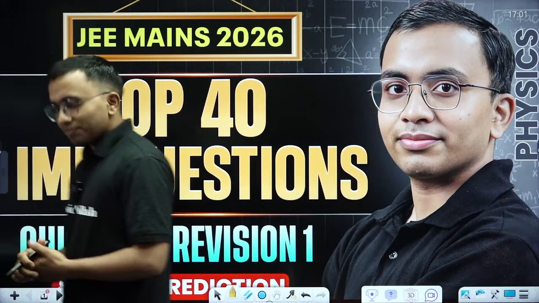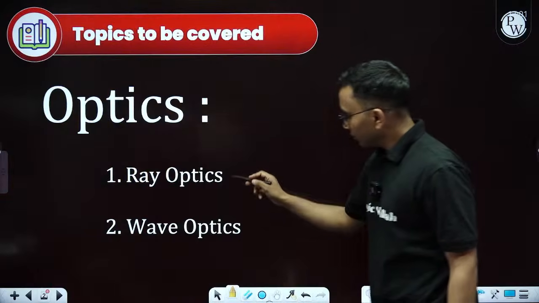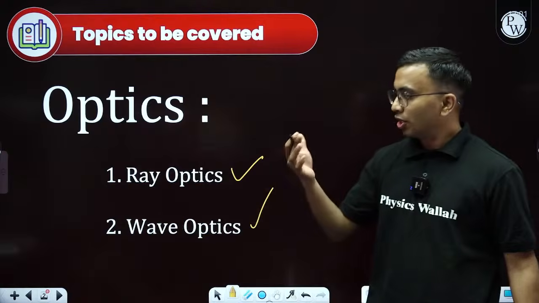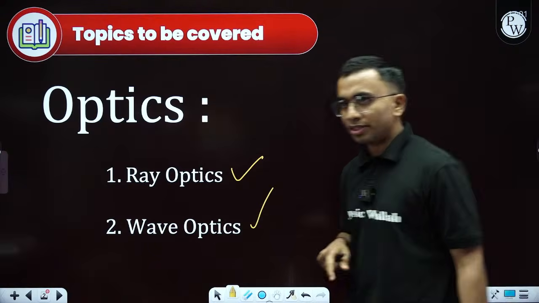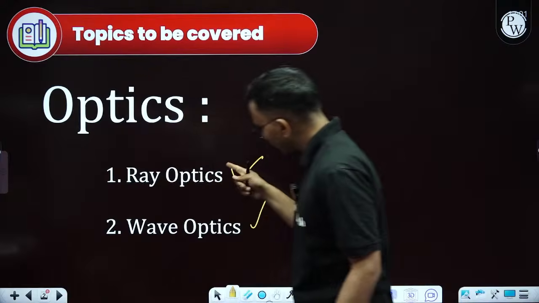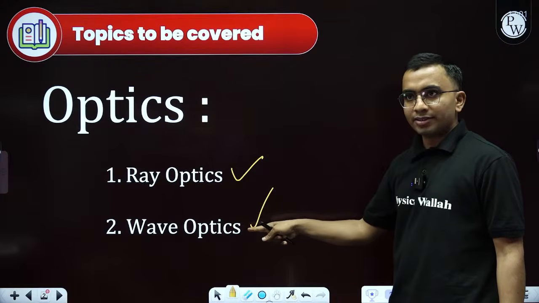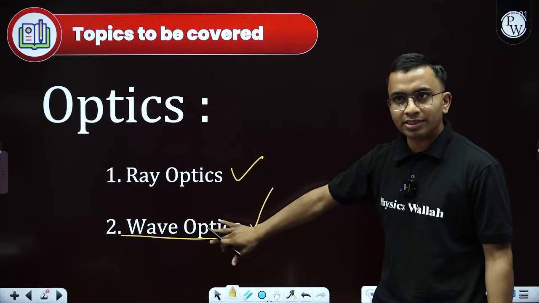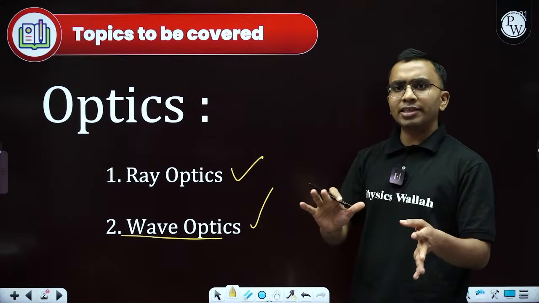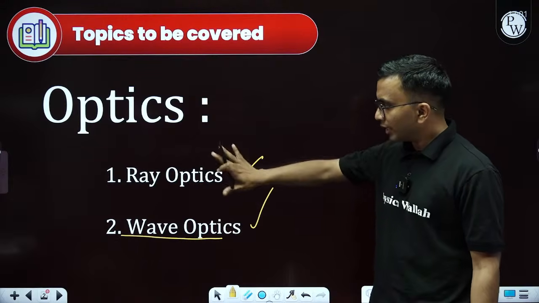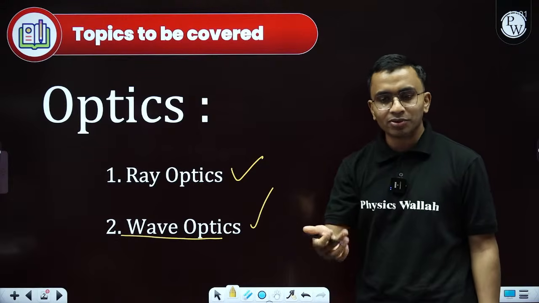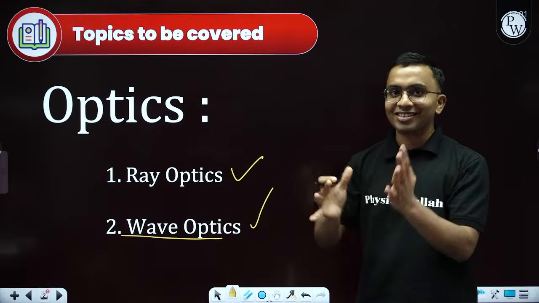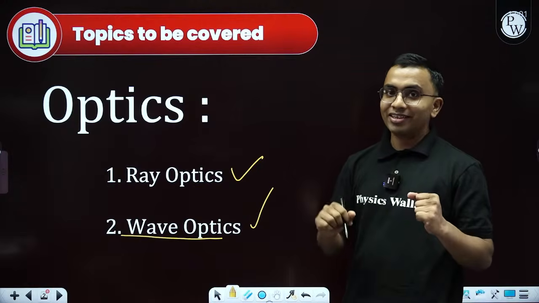So let us begin. We are going to cover two chapters, ray optics and wave optics. First we will be solving questions of ray optics and then wave optics. In wave optics the varieties are less, and most of the questions are formula based, if you understand the fundamental things. In ray optics more varieties are there: lens, mirror, multiple lenses sometimes placed together, lens maker formula, many things.